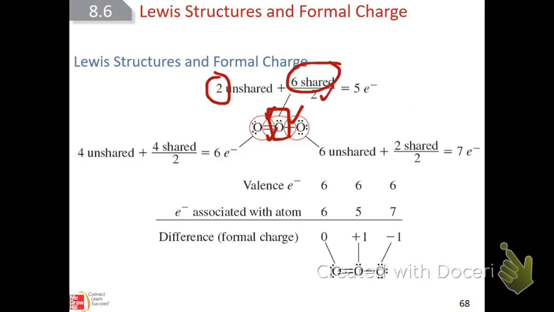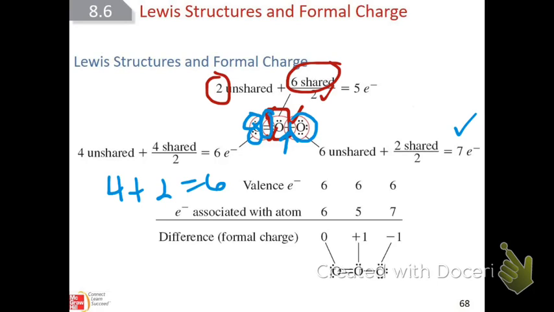You have these 4 that are being shared, and these 4 that are unshared. So 4 plus 4 divided by 2 is 2. So you have 4 plus 2 equals 6. And on this one over here, you have 6 that are not shared, and only 2 that are shared. So 6 plus 2 divided by 2 is 1. So this is 7.